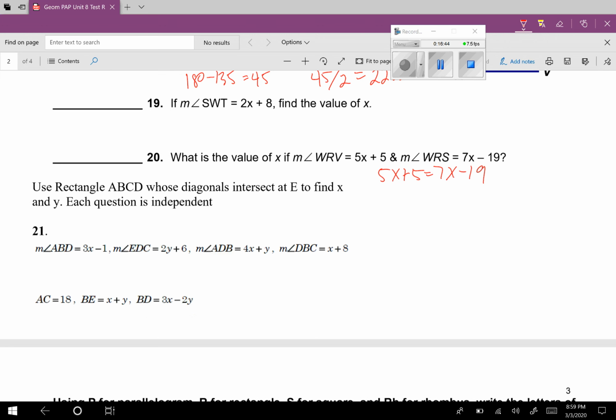Okay, it says use rectangle ABCD whose diagonals intersect at E to find x and y. Each question is independent.